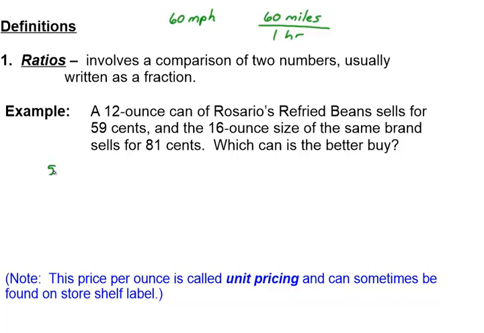So I can write a ratio saying, hey, it's going to cost me 59 cents per or for 12 ounces. Or I could choose to spend 81 cents for 16 ounces.